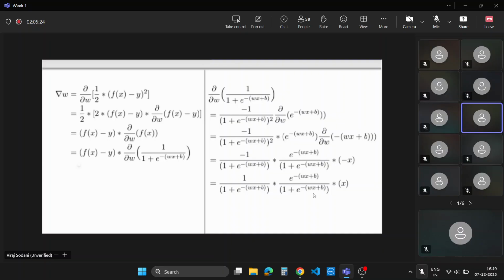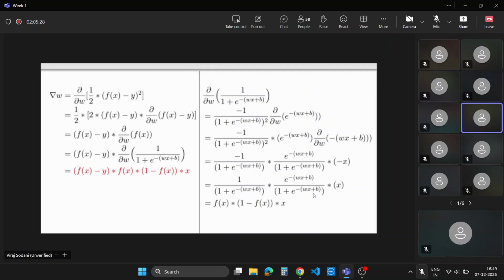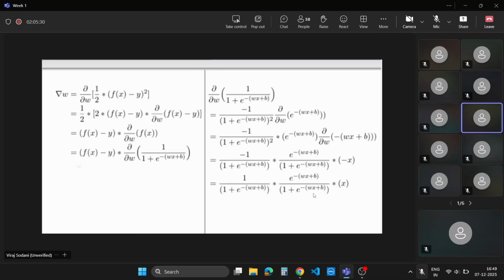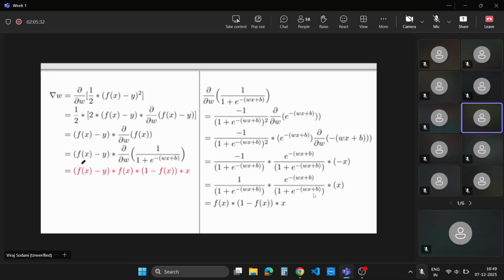I don't think I need to explain too much about this because everything's pretty well explained in steps. So what matters is that del omega is this value: (f(x) minus y) into f(x) into (1 minus f(x)) into x.